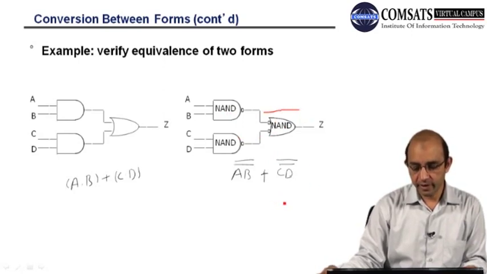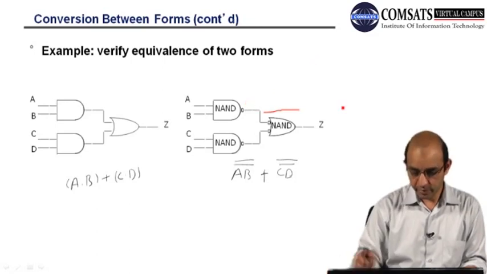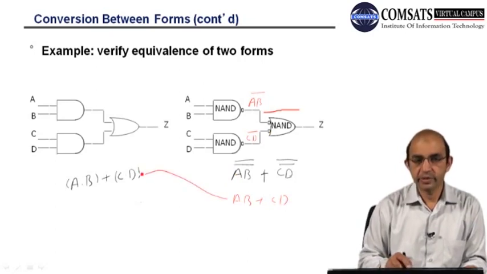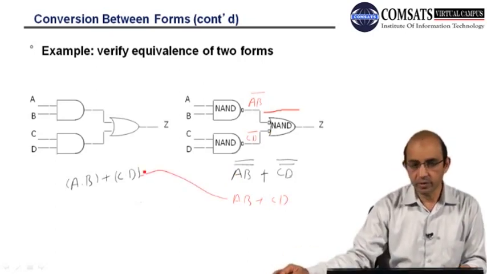If you want to draw this, we have A B whole bar and C D whole bar, and then we will have double bars due to this, and they will cancel out. So AB plus CD, and that is the same Boolean expression or Boolean function.